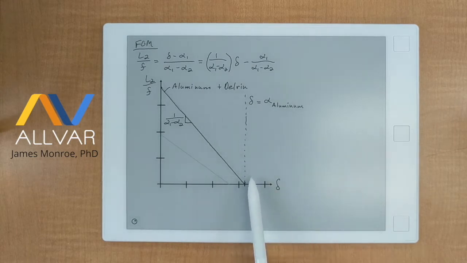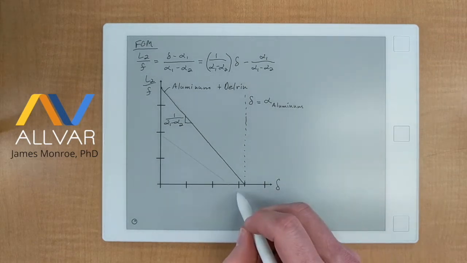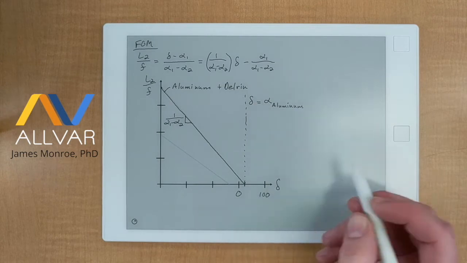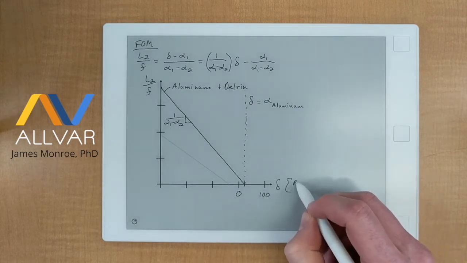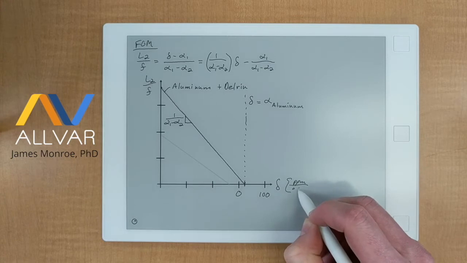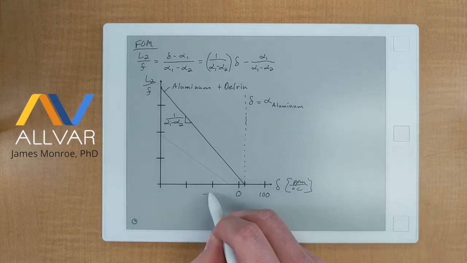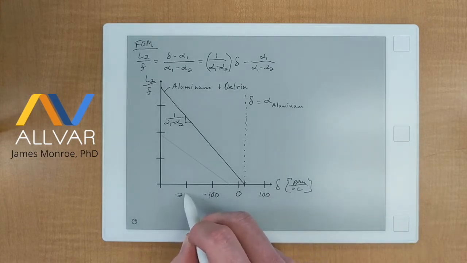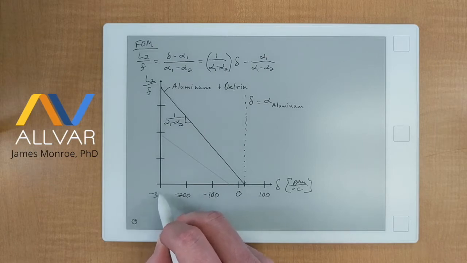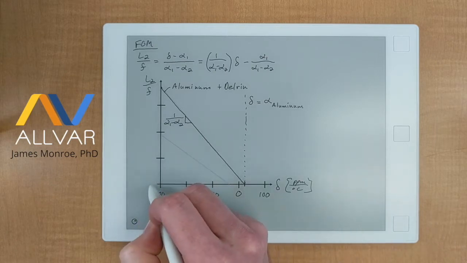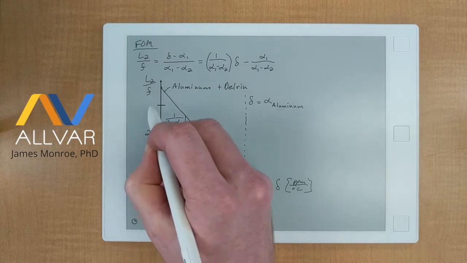So if you want coefficients of thermal defocus that are lower than the coefficient of thermal expansion for aluminum, actually I forgot to do this. This is 0, 100, and the units here are ppm per degree Celsius. That would be negative 100, negative 200, negative 300. 0, 1, 2, 3.